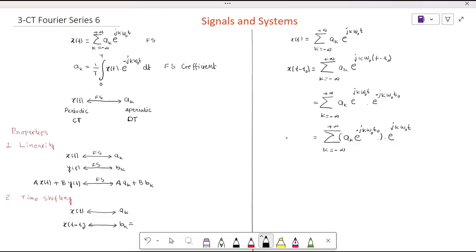This is the Fourier series representation for x of t minus t naught.